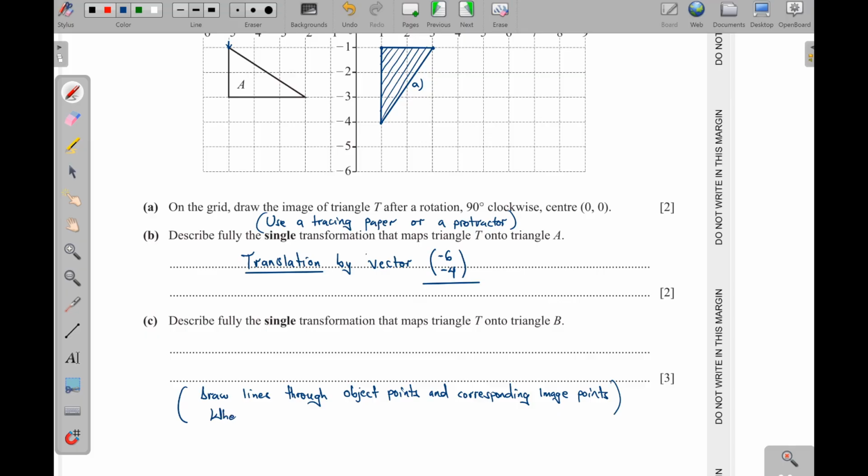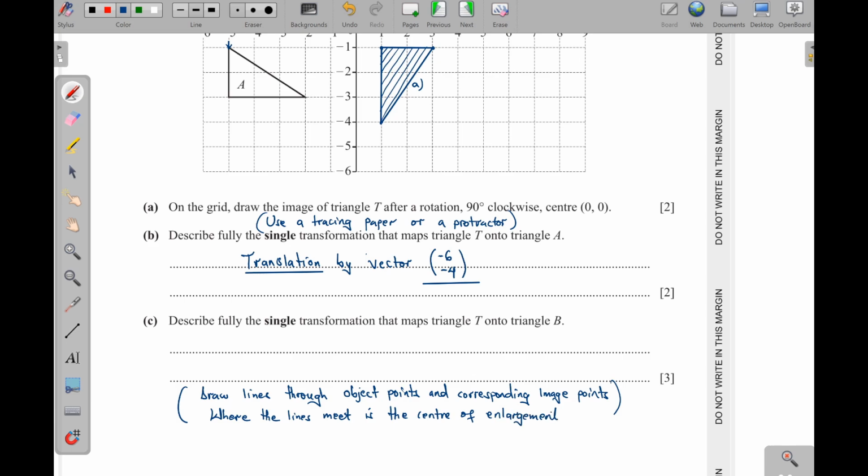Where these lines meet is the center of enlargement.